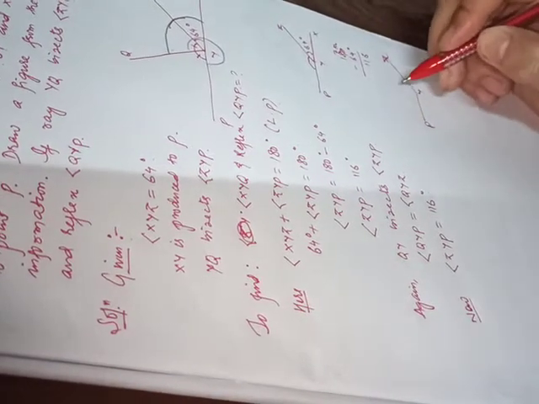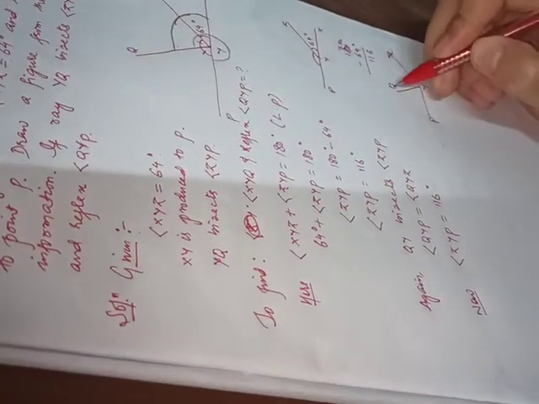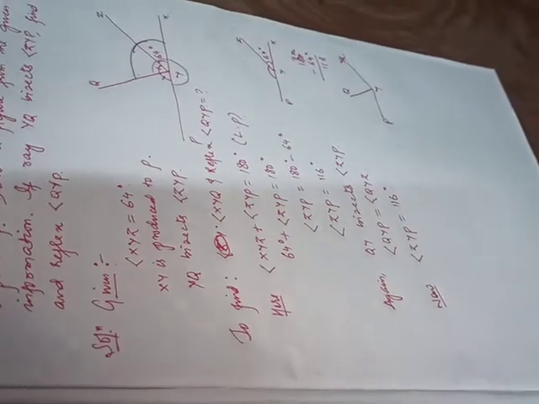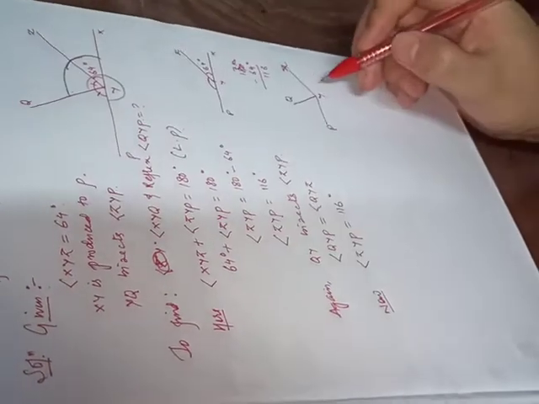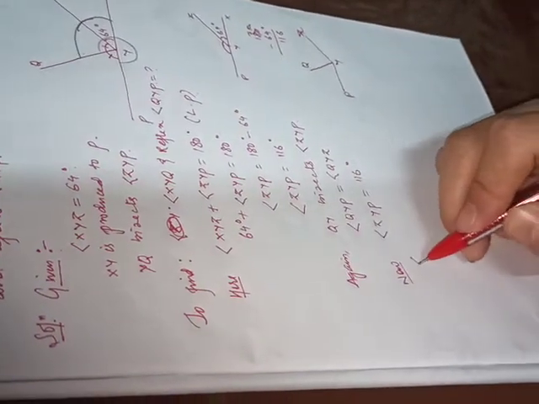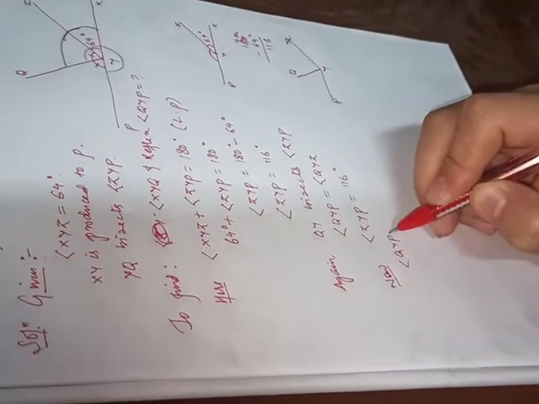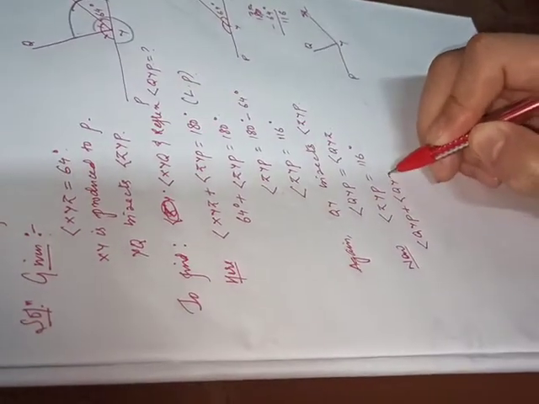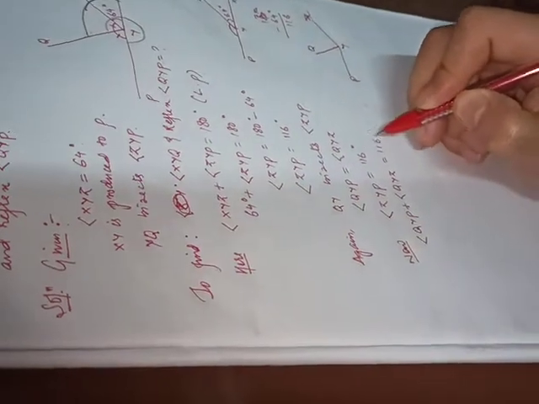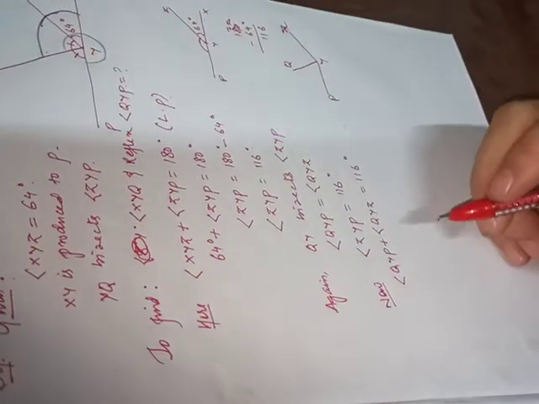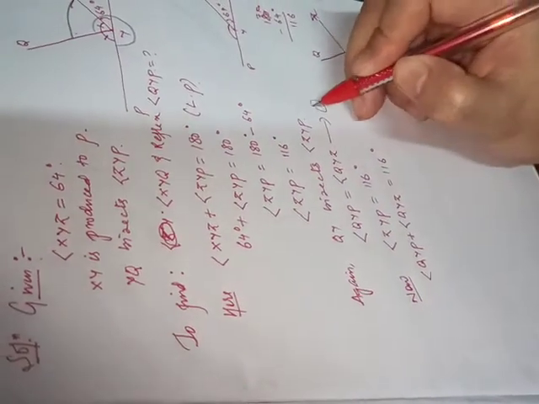This angle ZYP is divided into two parts because QY bisects angle PYZ. So you can write angle QYP plus angle QYZ equals 116 degrees. Let's take this as equation 1.